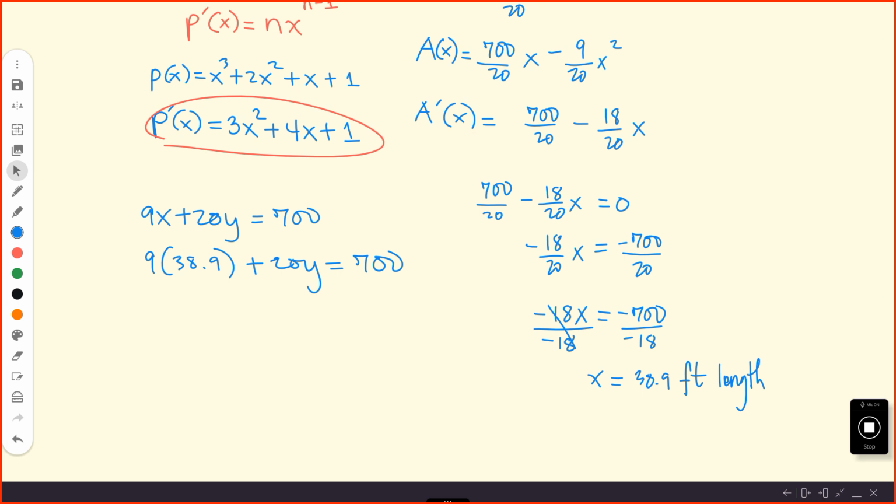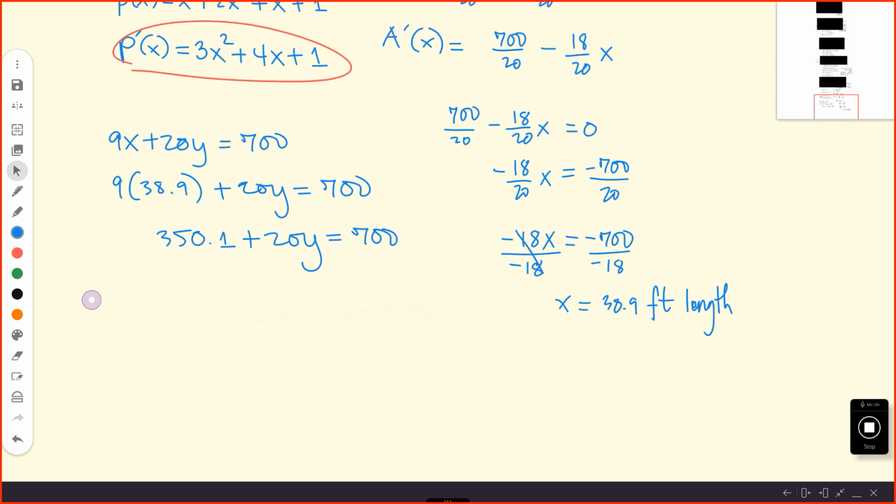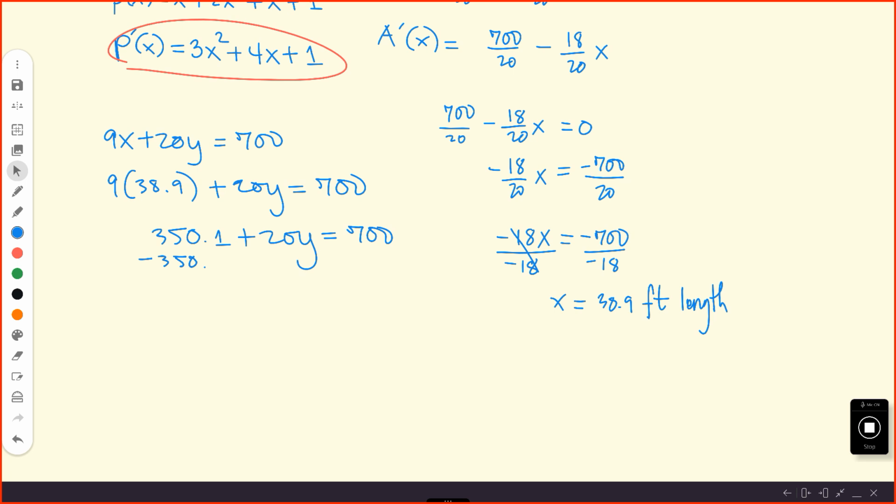I can use the fraction form, or we can use the decimal form. What is 9 times 38.9? 350.1. Okay, let's just use 350.1 plus 20y equals 700. And then solving for y, we subtract.